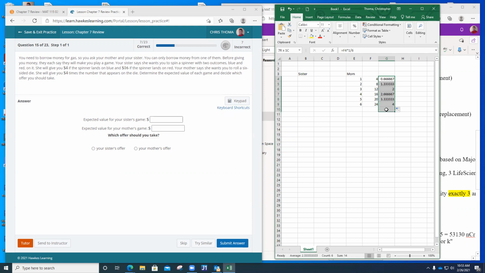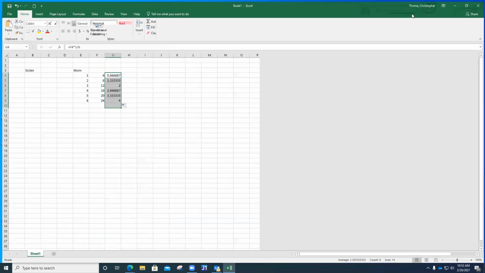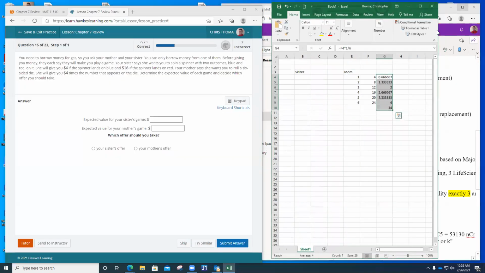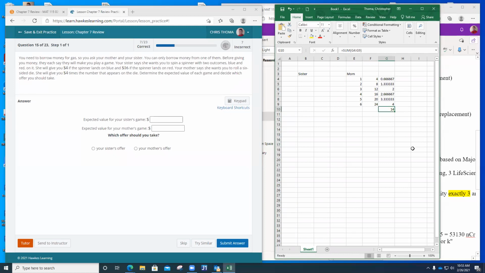And then we add these up. Oh, lost my sum because I'm in small mode here. Auto sum, there we go. So $14 is your expected winnings, right? Because remember, expected value is the event times its probability added together.